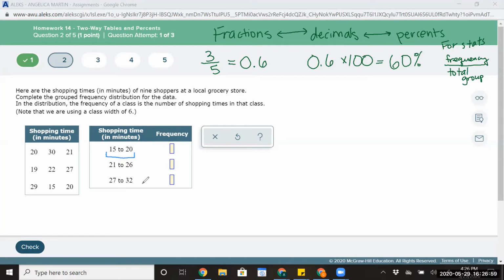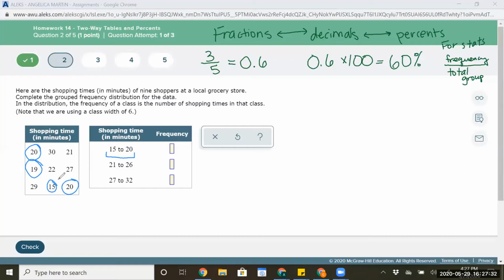And so now let's look and try and do this together. So 15 to 20, how many of those data points on the left are within the range 15 to 20? So let's go ahead and circle them. 20 is there, 30 is too large, 21 is too large, 19 is within that range, so that would be in that class. 22 is too large, 27 is too large, 29 too large, 15 fits, it's right there at the beginning, and 20.